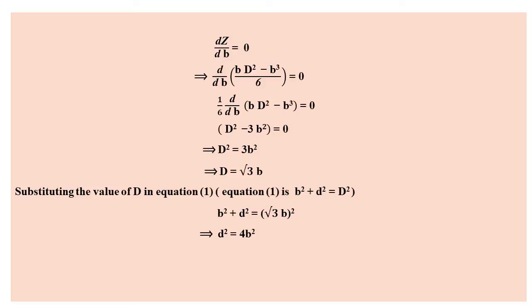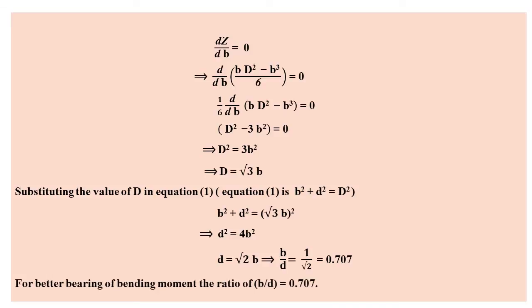It implies d square is equal to 2B square, or d equal to root 2 B. It implies B by d equal to 1 by root 2 is equal to 0.707. For better bearing of bending moment, the ratio of B by d equal to 0.707.